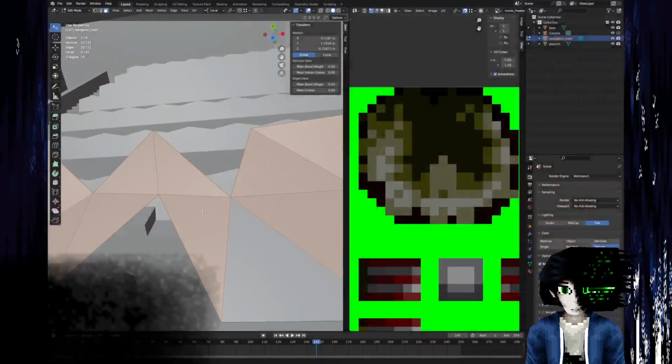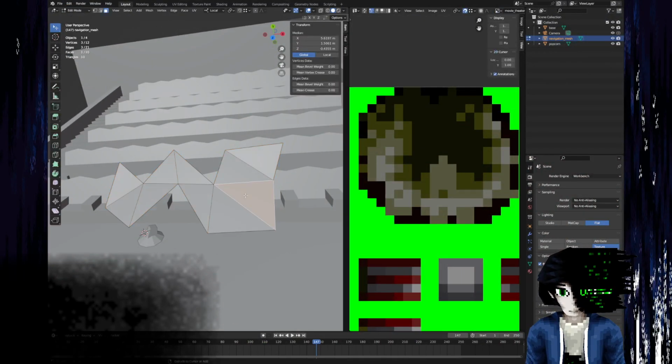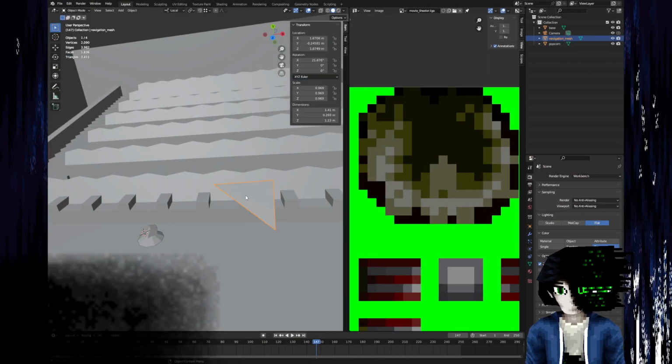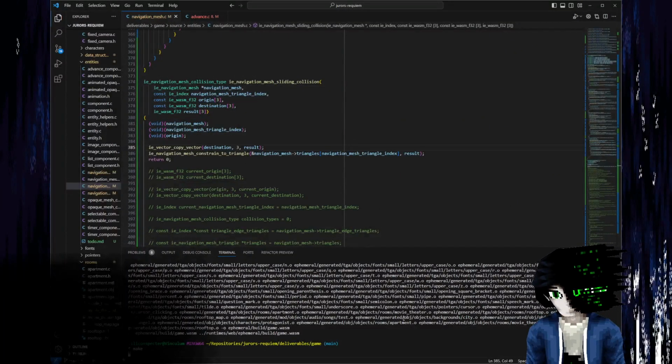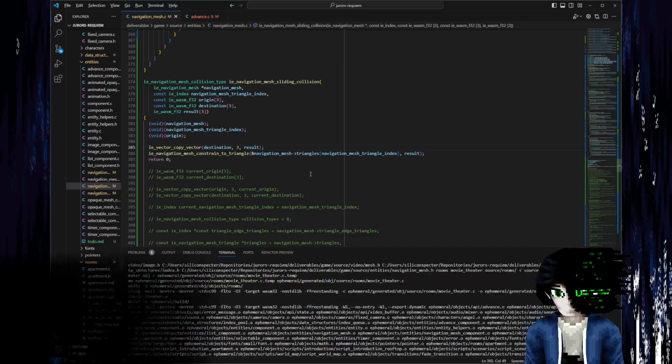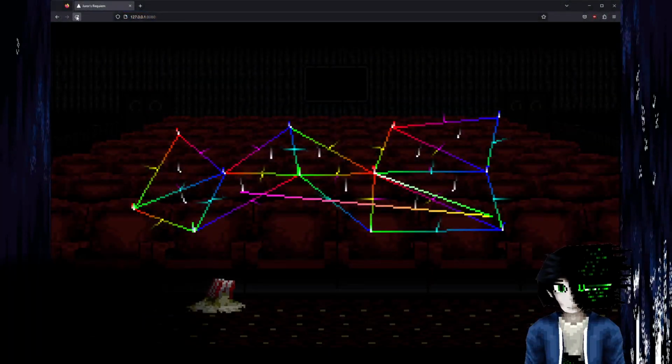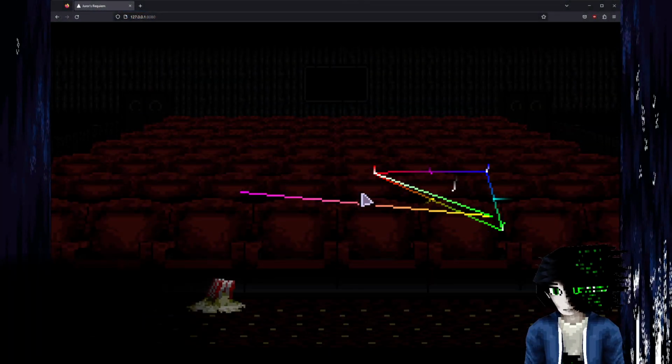Okay, so what we're going to do is destroy every polygon except that one. We've destroyed all the polygons. I am the great polygon reaper. And I'm just going to do a build. And there we go. So now we have just our one triangle.